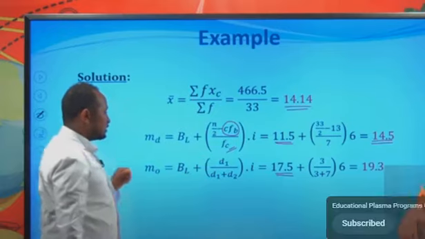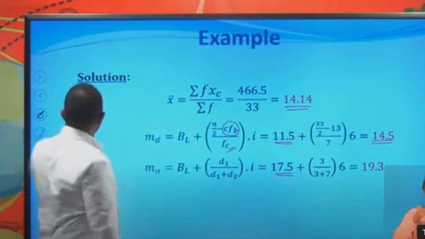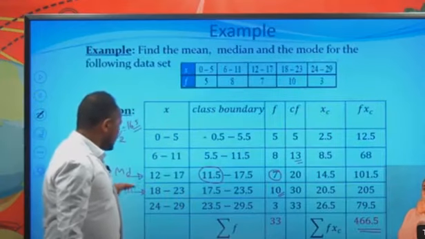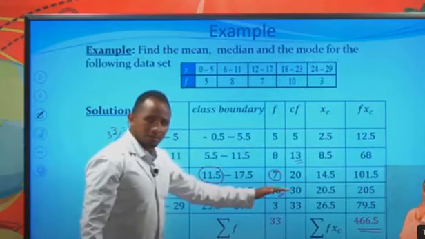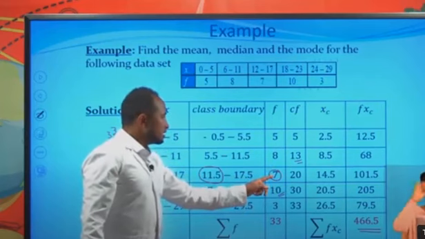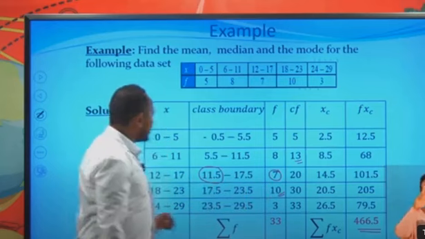D1 is the difference between the frequency of the modal class and the preceding class. The modal class frequency is 10 and the preceding class is 7, so 10 minus 7 is 3. D1 is 3.